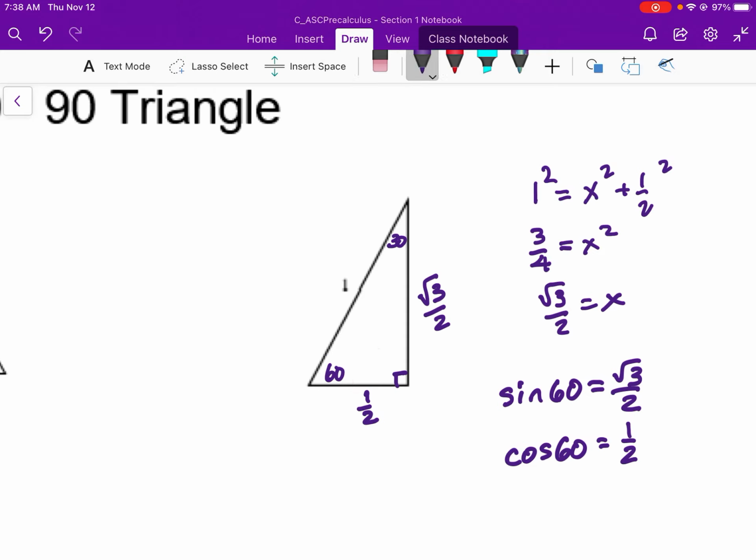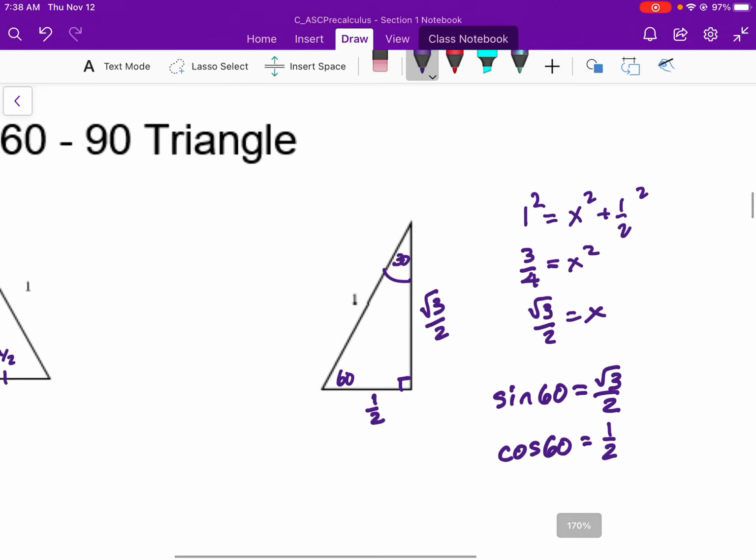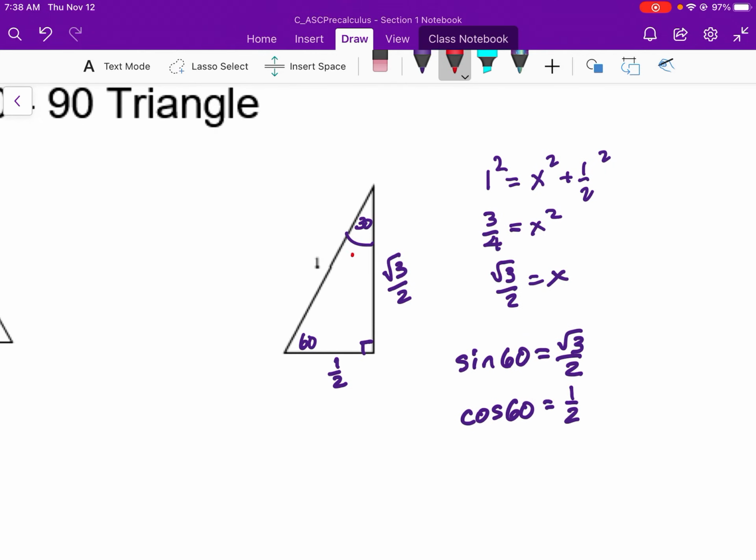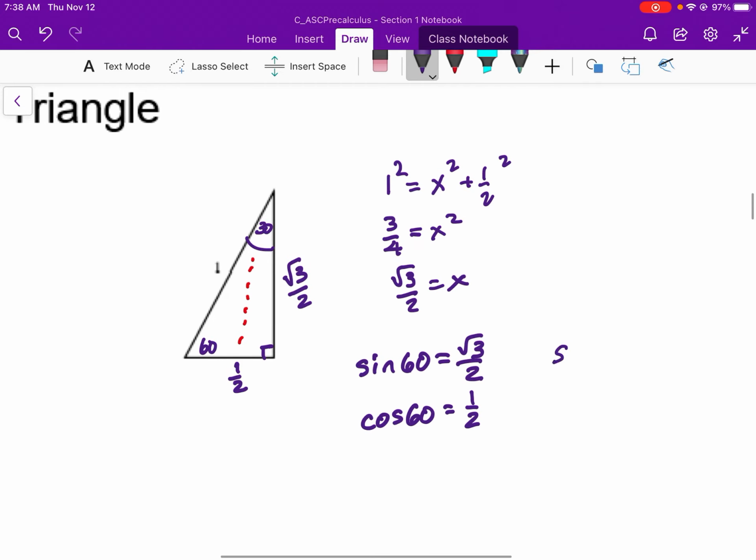And when I do 30 up here at the top, now my opposite side is 1/2. So I know that the sine of 30 is 1/2 over 1, or just 1/2. And the cosine of 30 is the square root of 3 over 2.